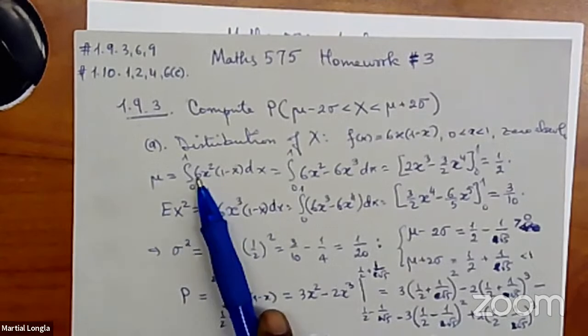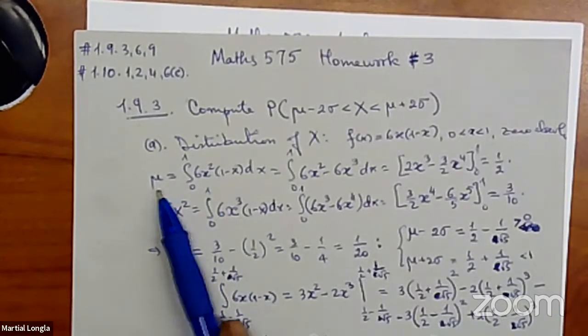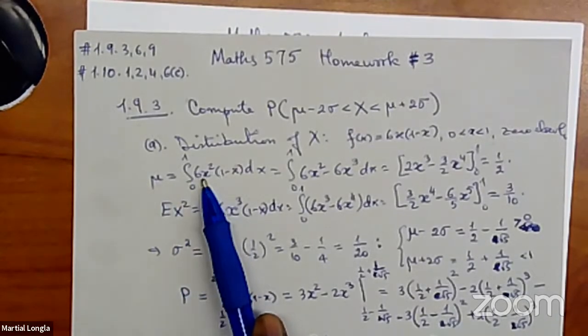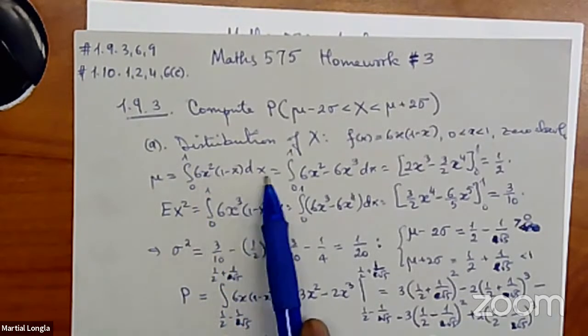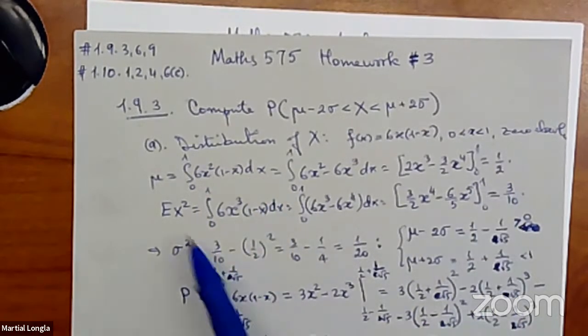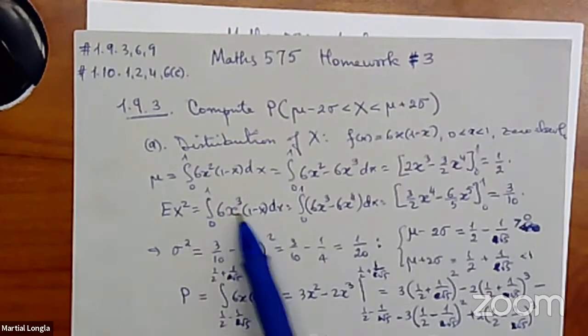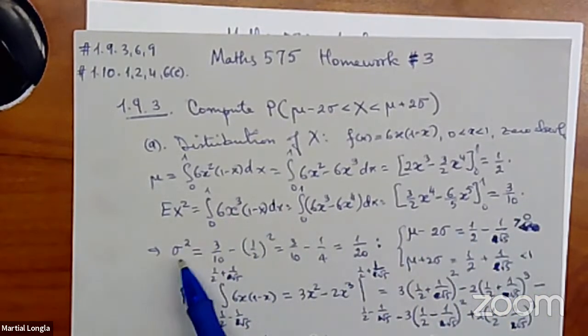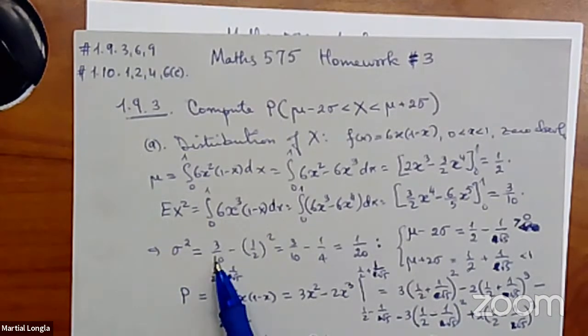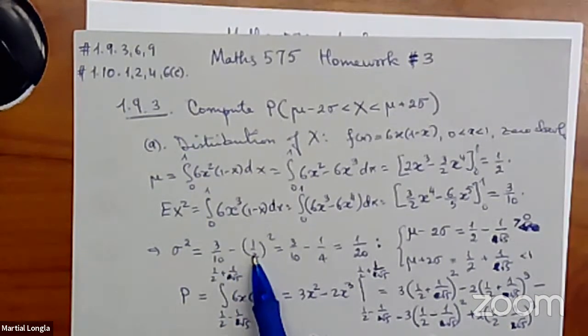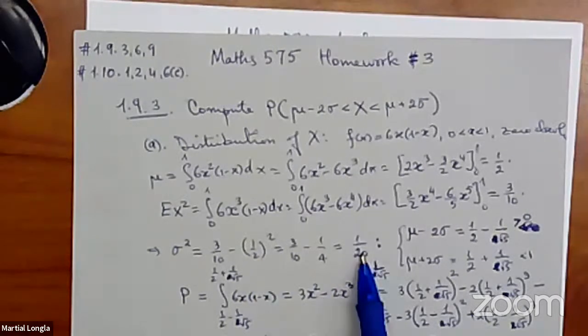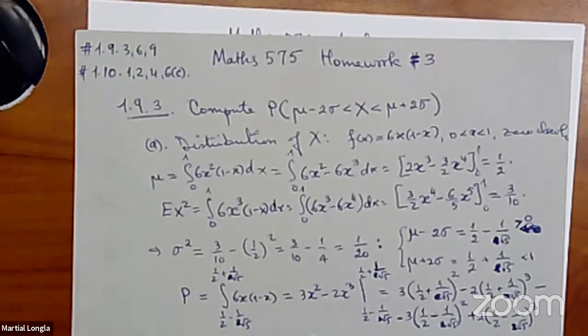So here you start by finding the expectation, which is the simple integral of x times f of x dx. That gives you 1/2. The expected value of x squared is 3/10. So we find sigma squared as the expected value of x squared minus the square of the mean. In this case, you get 1/20.